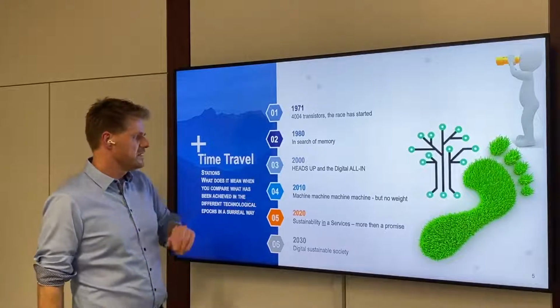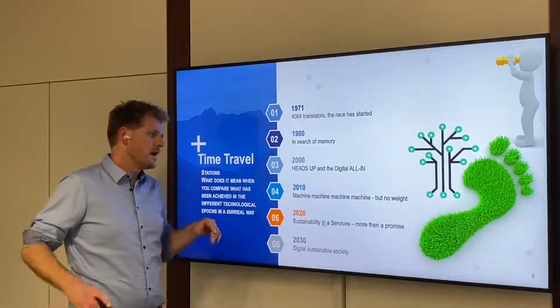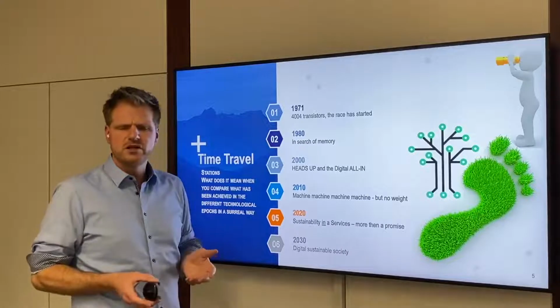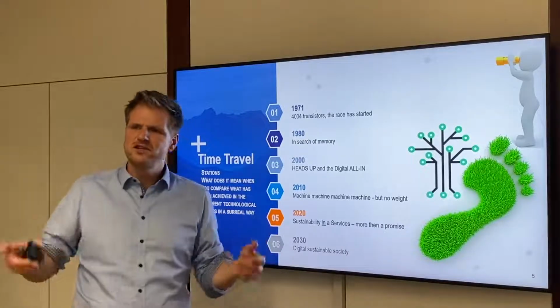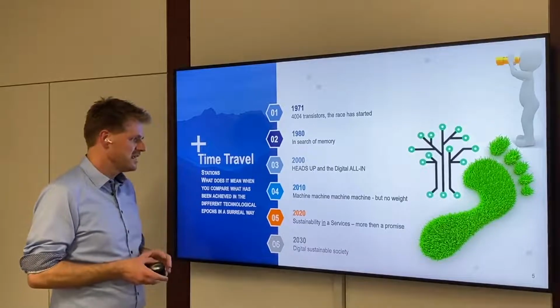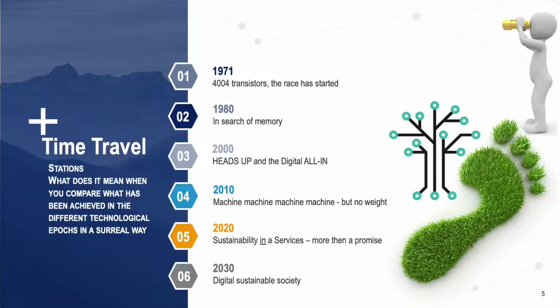In 2010 we had a lot of virtual machines, but no weight. In 2020 the topic of sustainability appeared, and we were more or less clueless how to derive sustainability in these designs. But we made it. In 2030, we found a way to say, okay, this is a good approach, let's do it stepwise and become more sustainable in the digital society.